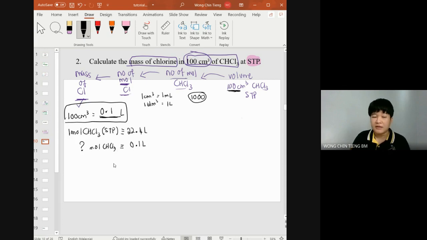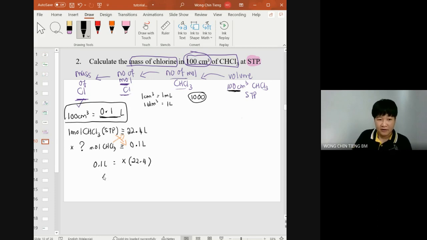Okay. Sama, darab silang guys. Masih cerita yang sama, masih the same old story of darab silang. So bila kamu darab silang, kamu akan dapat 0.1 liter is equals to, let's say I put this as X, equals to X times 22.4 liter.